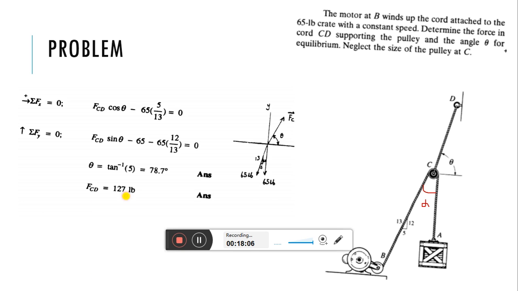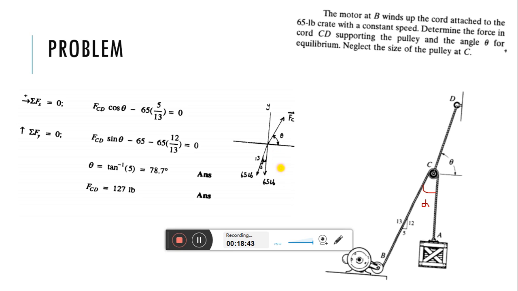So once you have the free body diagram, then you can write the equilibrium equation in the x direction. In the x direction, how many forces are there? This force 65 pound is completely vertical, so it will have zero component in the x direction, because cos 90 degree is 0.